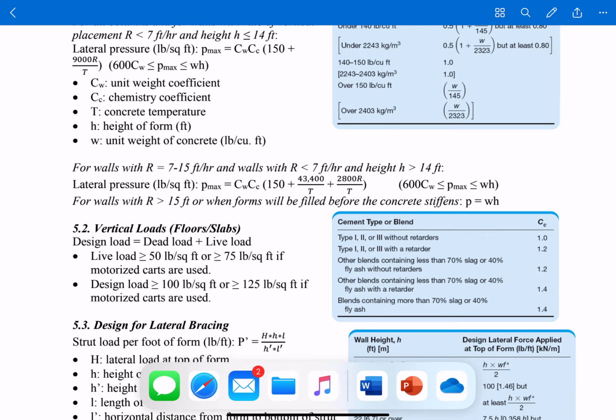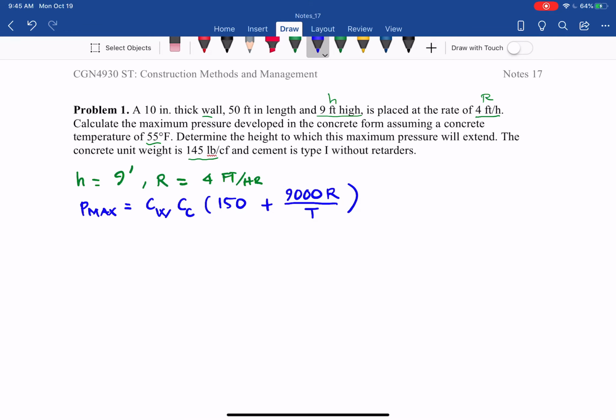So go back to our problem with the table, and you can see CW equals 1 from table 13.1, and then we have CC equals 1 from the table. Next time I will not write the table; you know to use the reference.